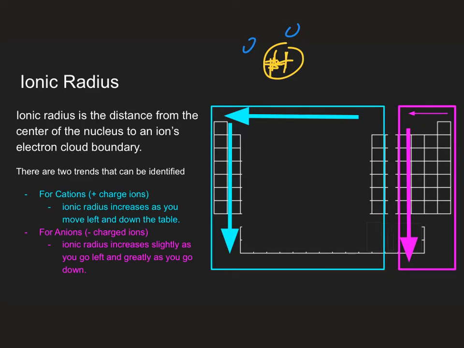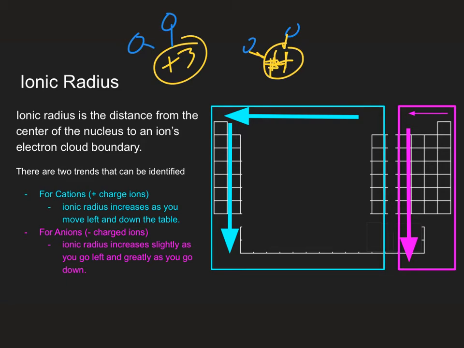So +4, it's going to pull them in a little bit more strongly than something that would only be a +3. So if you had a +3 over here, they would be slightly further out because you just don't have as strong of a force pulling on it. And that's all that really means, and that's how that trend works.